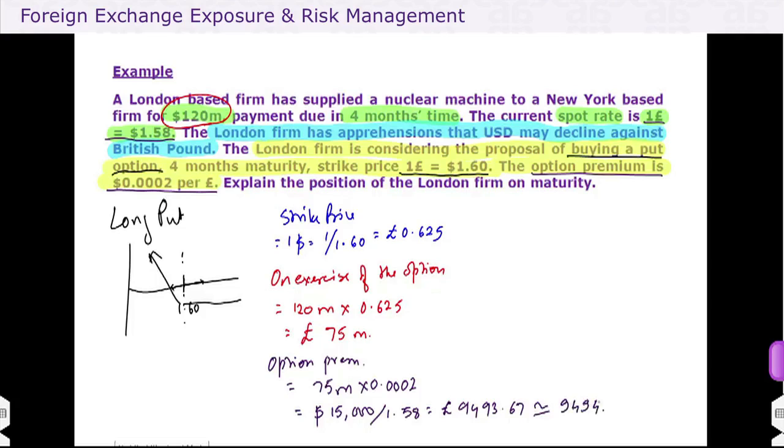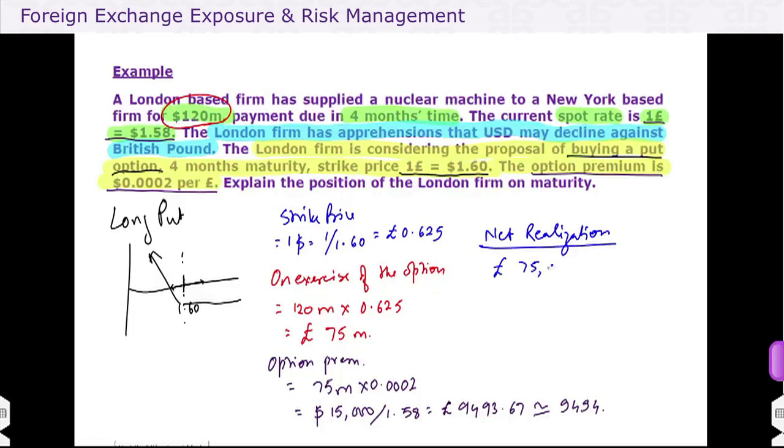So the net realization in this case would be, you're getting 75 million pound sterling.